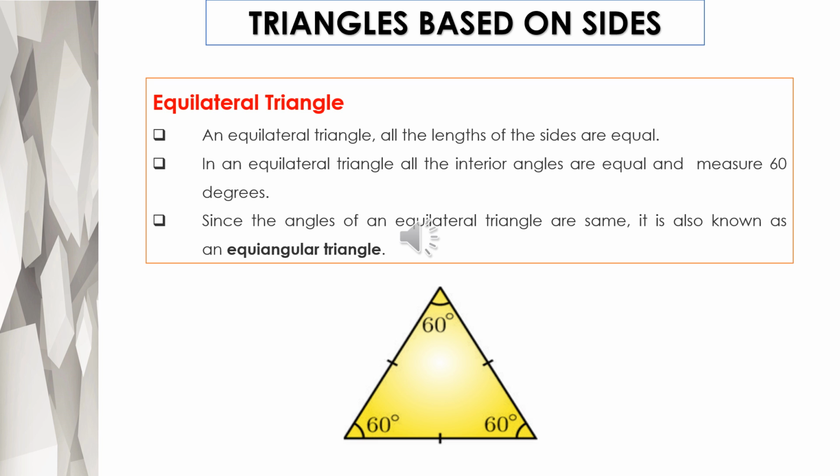So 60 plus 60 plus 60 will give you 180 degrees. Got it? Now, since the angles of an equilateral triangle are the same, it is also known as an equiangular triangle. Okay?